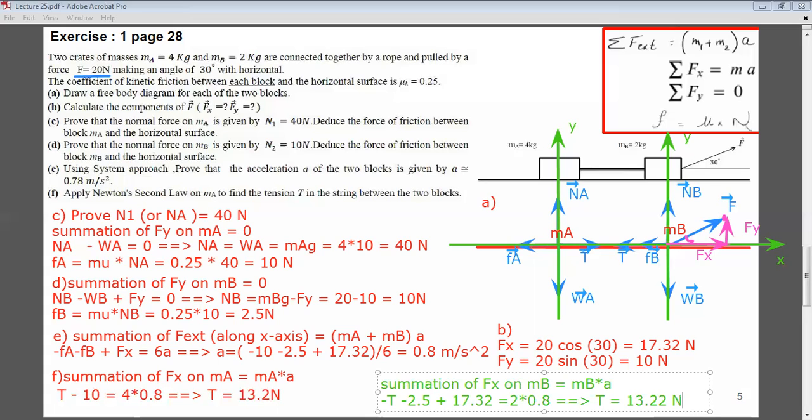Okay, so this is the last lecture on Newton's second law. Tomorrow we will start with a new chapter, chapter 5. Just to remind you, Friday is exam 2. The material involved is chapter 3, that is projectile motion, and chapter 4, which is Newton's second law.